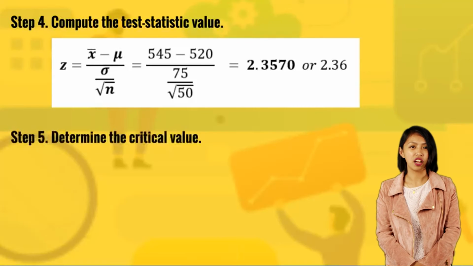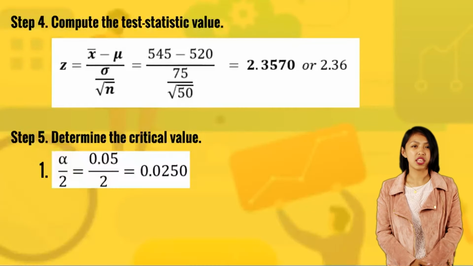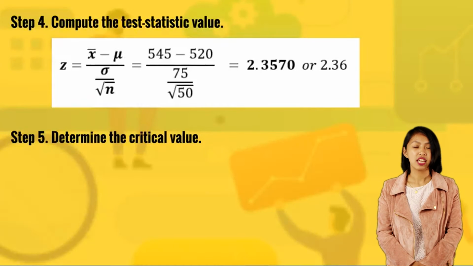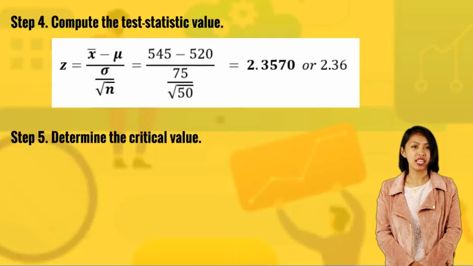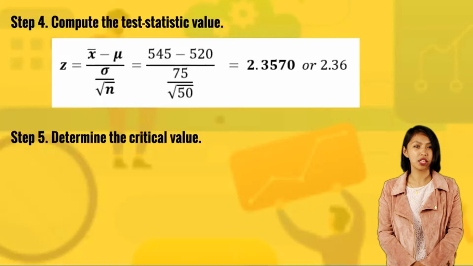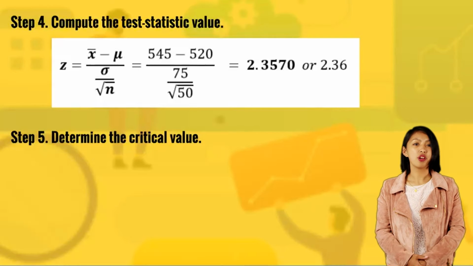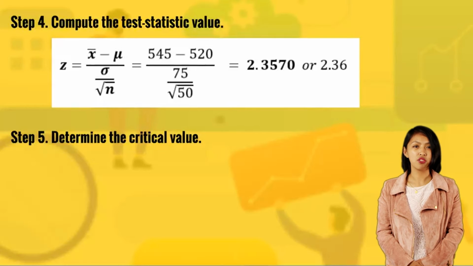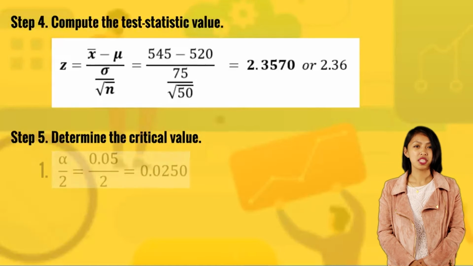Step 5. Determine the critical value. The alternative hypothesis is non-directional since population mean is not equal to 520 pesos, meaning there will be a difference in the average take-home pay of the jeepney drivers. Hence, the two-tailed test shall be used.